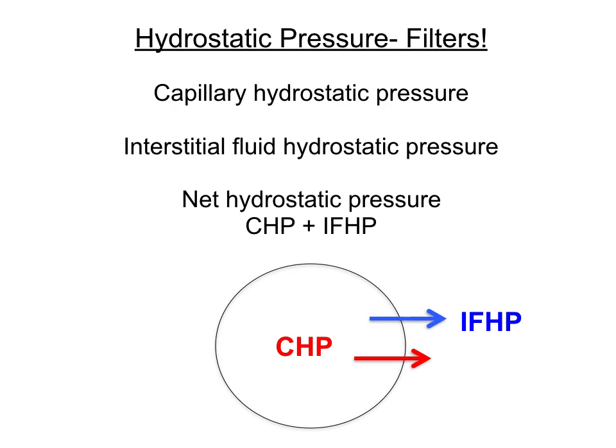So at the arterial end, your net hydrostatic pressure would be 30 plus 3 for a total of 33 millimeters of mercury. At the venous end, capillary hydrostatic pressure is 10. So your net hydrostatic pressure would be 10 plus 3 for a total net hydrostatic pressure of 13 millimeters of mercury.